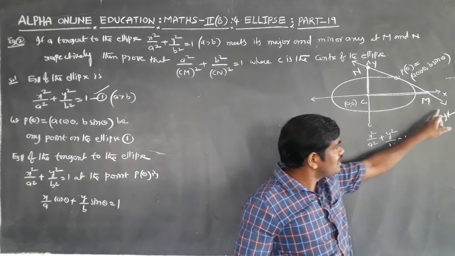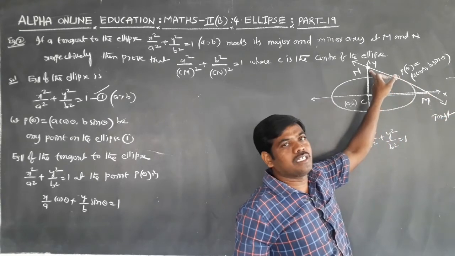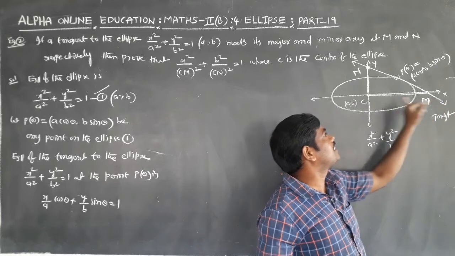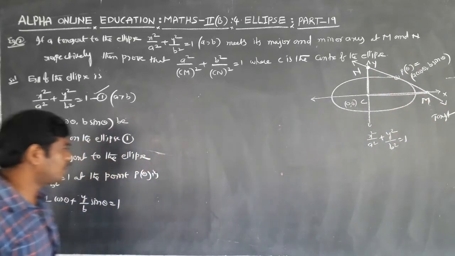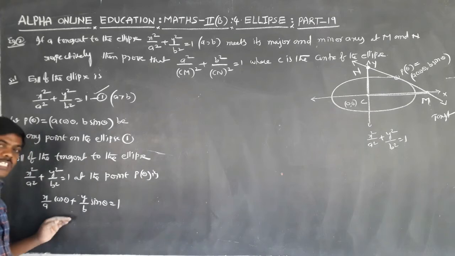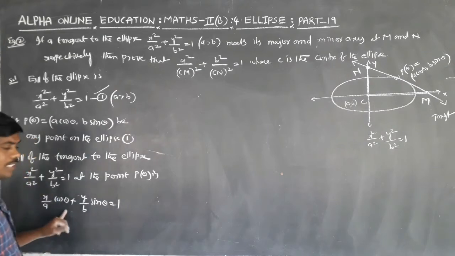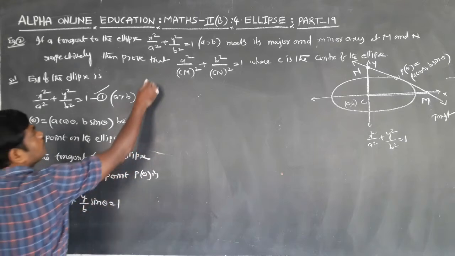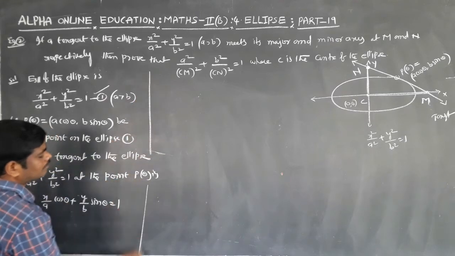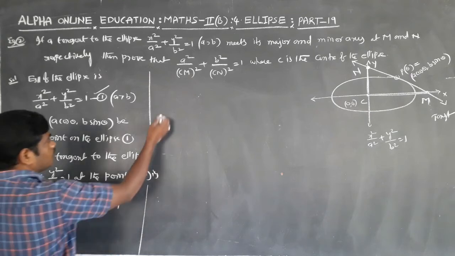First of all, we transform the equation of the straight line into intercept form, to find the x-intercept and y-intercept.